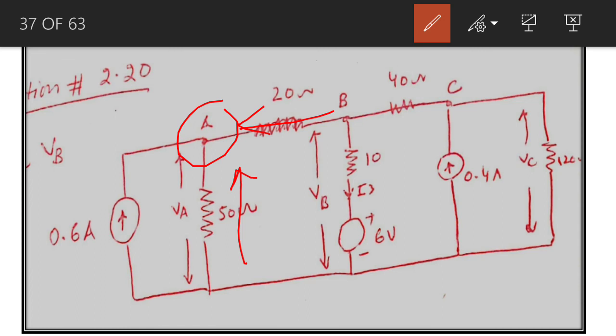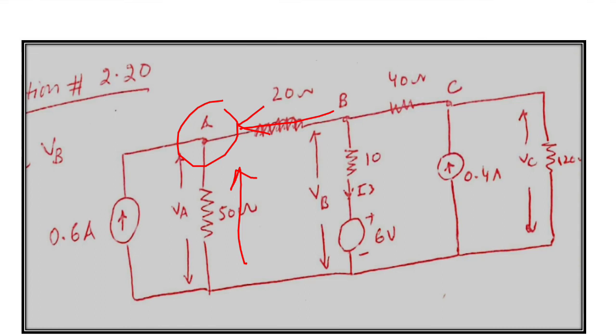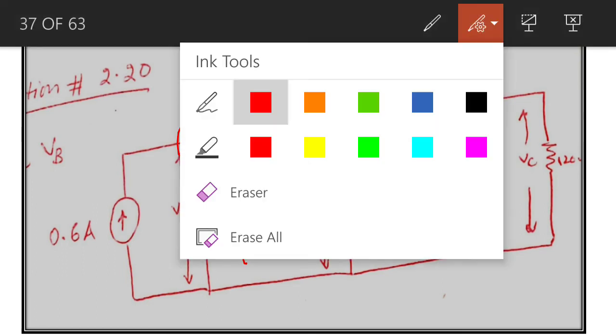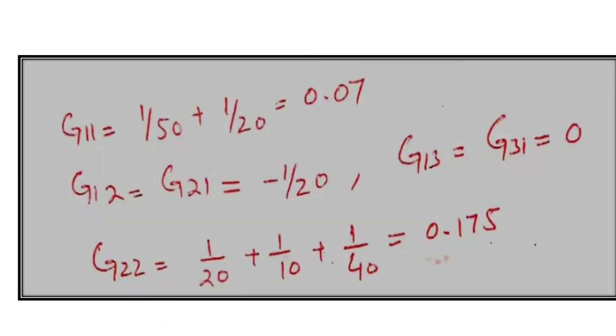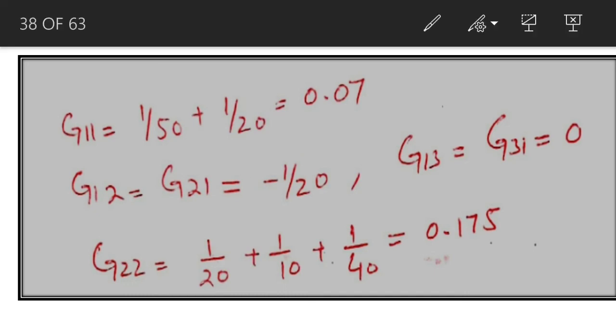So 1 over 50 plus 1 over 20 will give you G11, which is 0.07 mho.